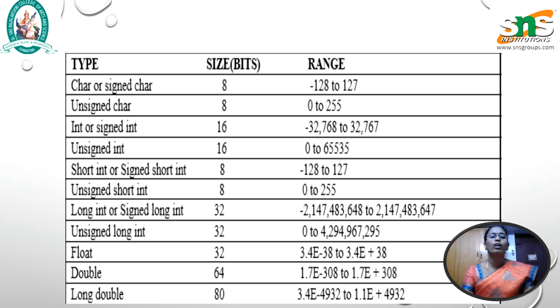The char or signed char ranges from minus 128 to 127, whereas unsigned char has 8 bits which store values in the range of 0 to 255. All these data types have their own range of values and size of bits.